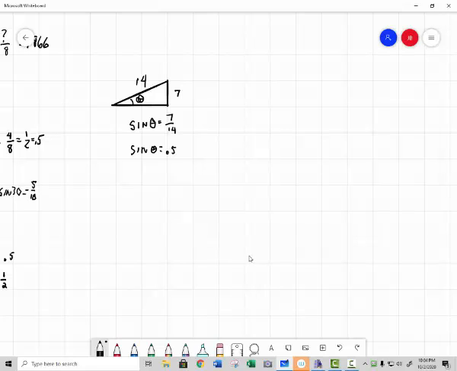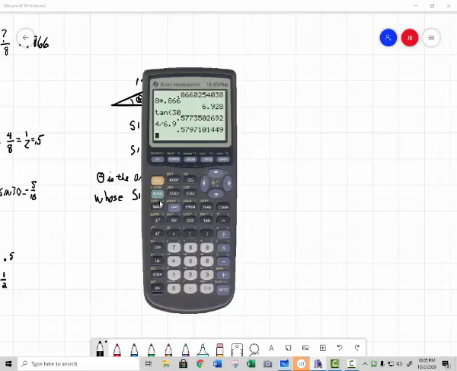Well, what I know is that theta is the angle whose sine is 0.5. Well, again, your calculator has a nice, neat little function here that I can use, the second function, second sine.